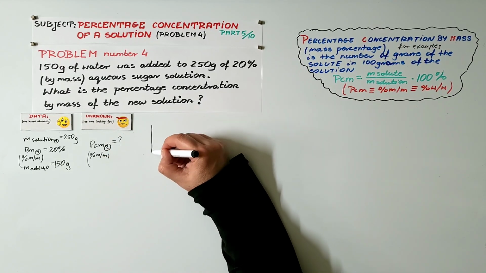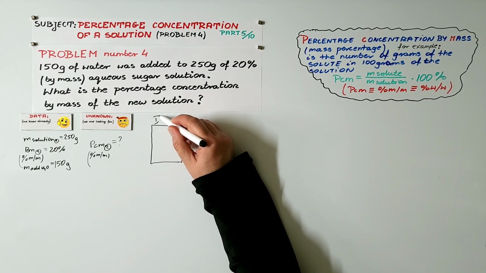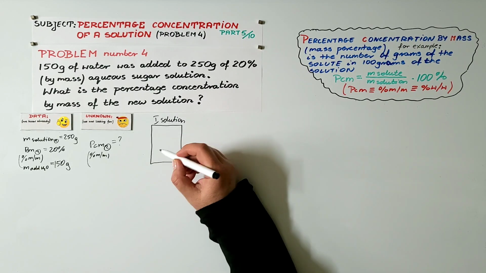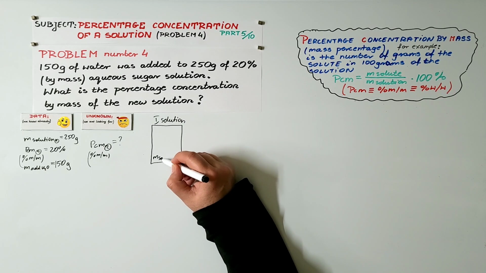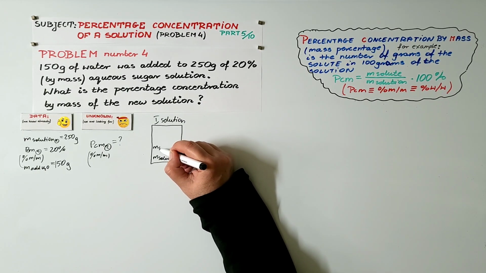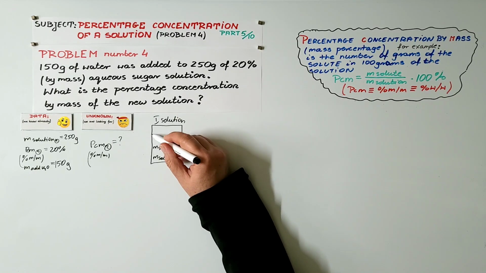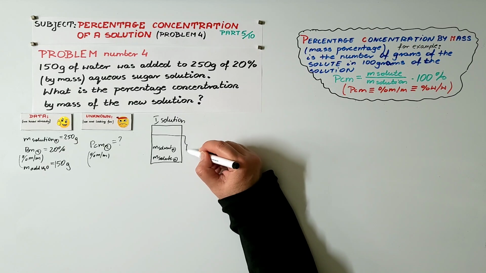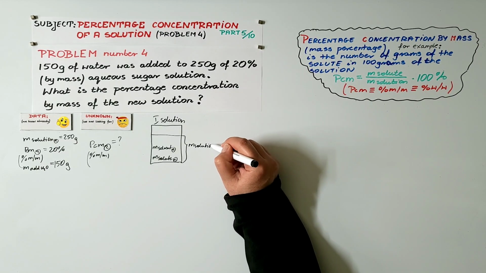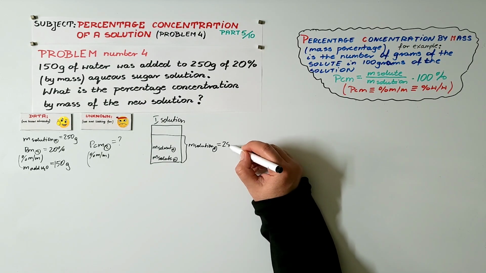So in our beaker, in the first solution or initial solution, we have mass of solute 1 and mass of solvent 1. We know mass of solution 1 equals 250 grams.